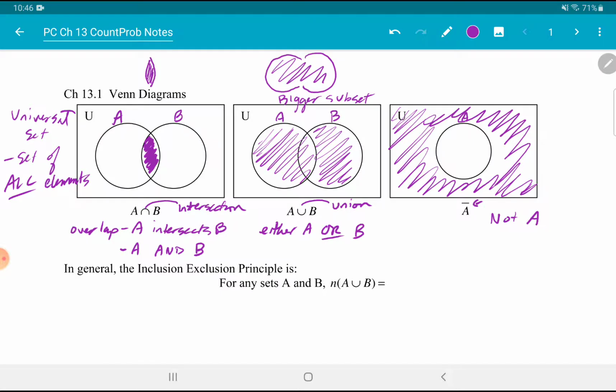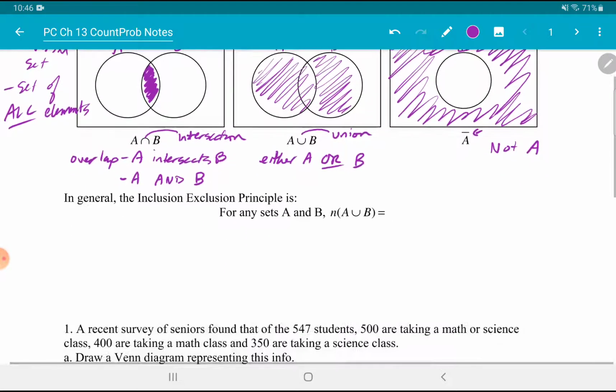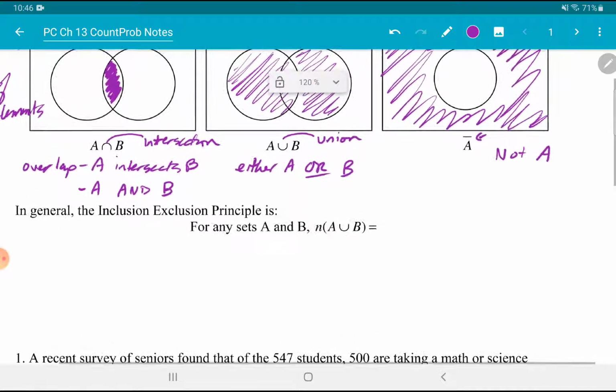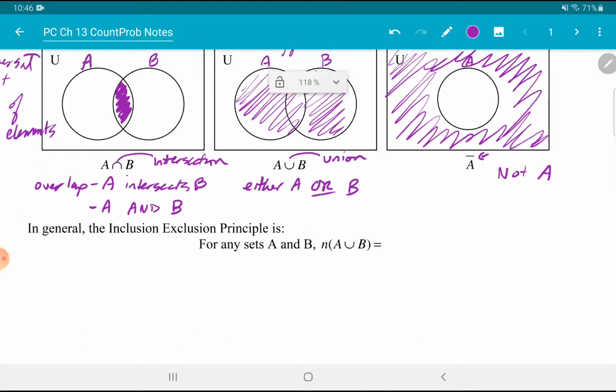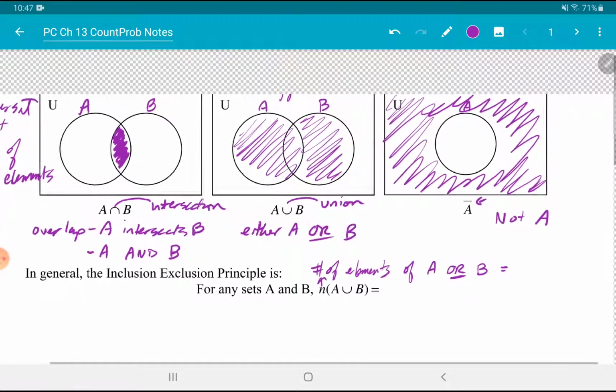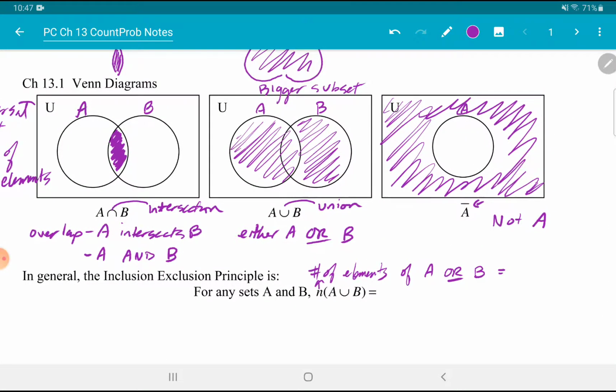So as we take a look at what we have just talked about, we can actually develop something called the inclusion-exclusion principle. It's to say that for any sets A and B, n represents the number of elements. So we're saying here the number of elements of A, and then because we have a union symbol there, A or B. So we're going to create a formula saying the number of elements of A or B. Now keep in mind, I'm going to try and create this formula almost like with a picture, with a diagram.